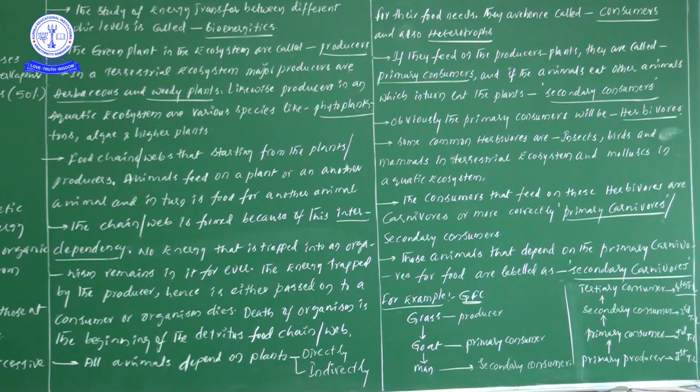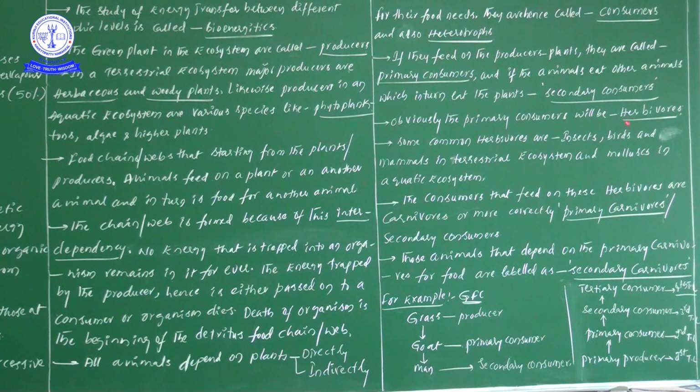Next one, the consumers. The consumers that feed on these herbivores are known as carnivores, or more correctly primary carnivores. Here, which consumers are taking food materials from the herbivores?